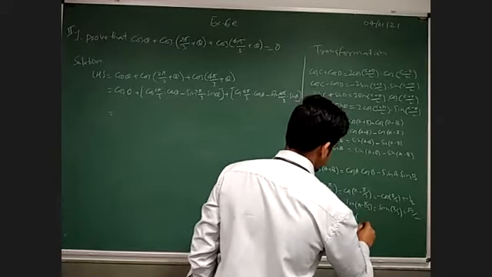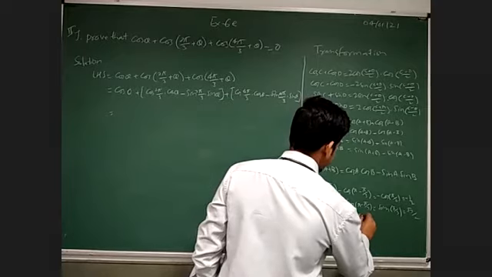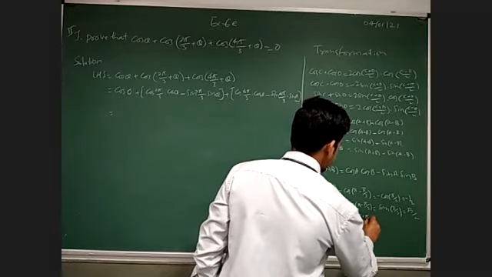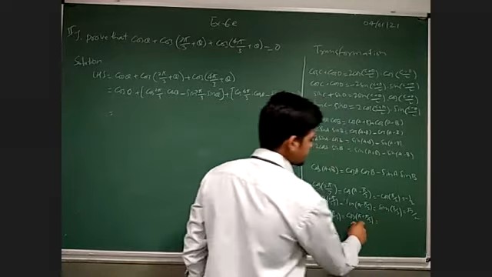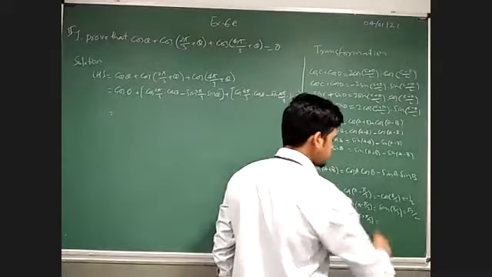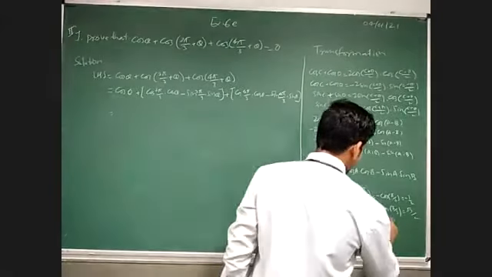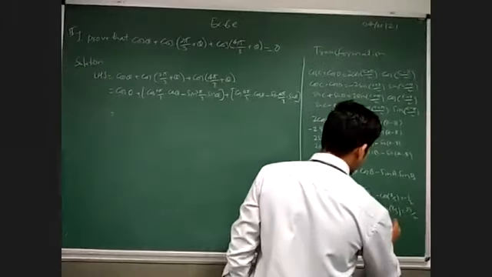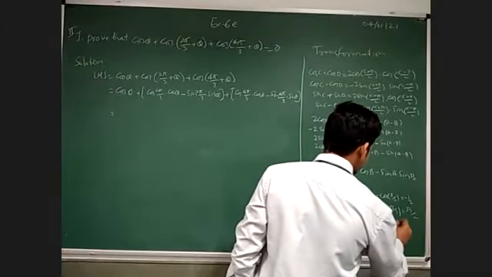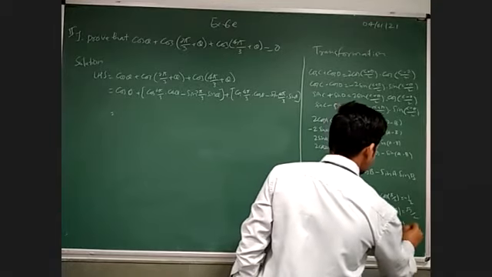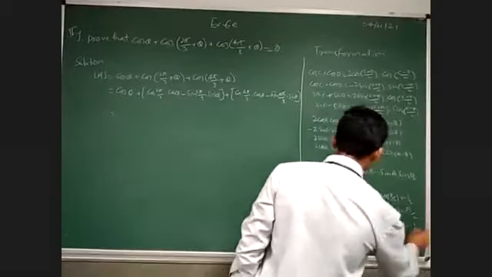Now cos 4 pi by 3 is nothing but cos(pi plus pi by 3). This is in the third quadrant, where cosine is negative, so it is minus 1 by 2.